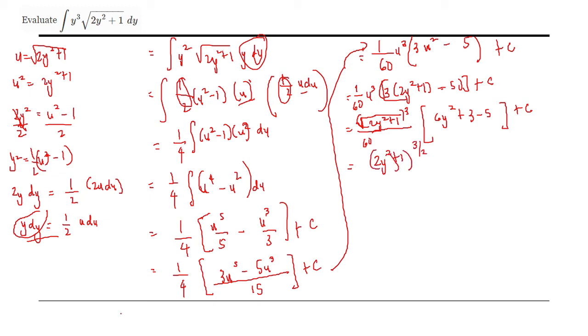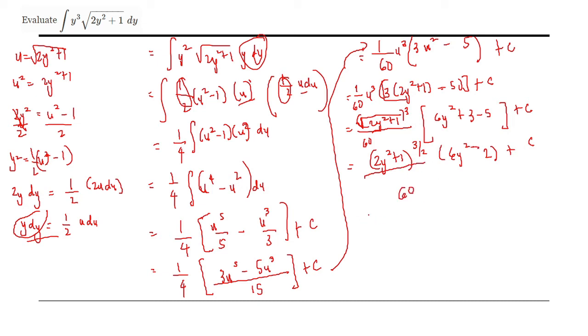Multiplied by 6y squared minus 2 plus c. So actually, this can be your final answer. Oops, we forgot over 60.